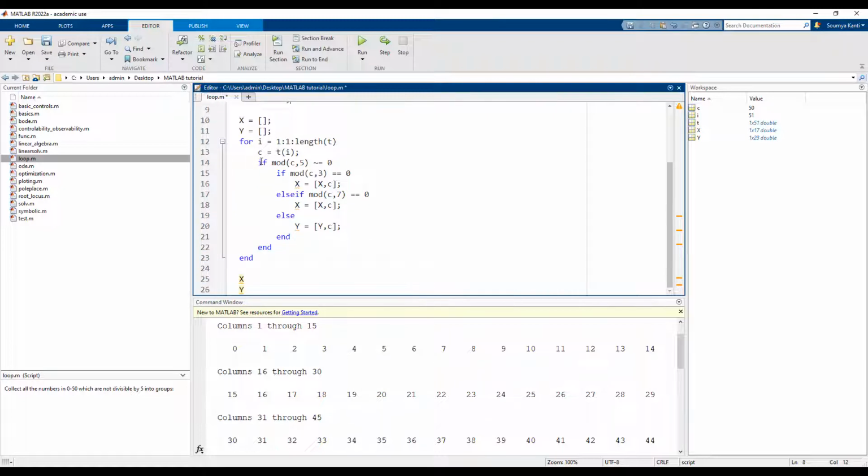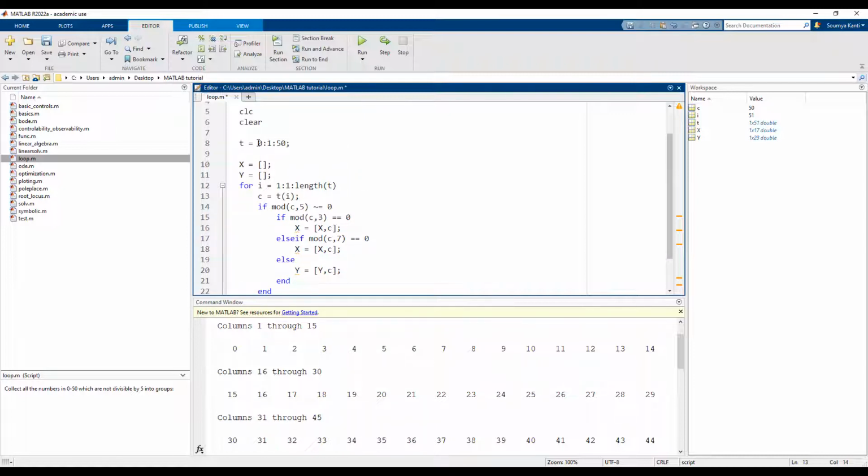Now I am using c, taking the ith element from this t. One thing to mention is that in MATLAB the elements are indexed 1, 2, 3, 4.